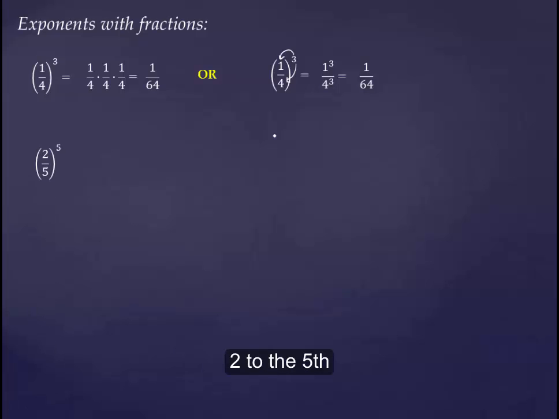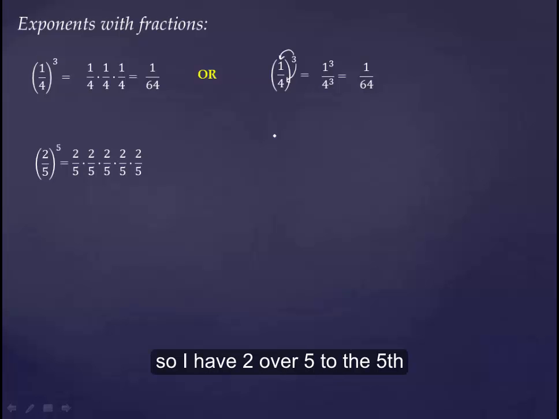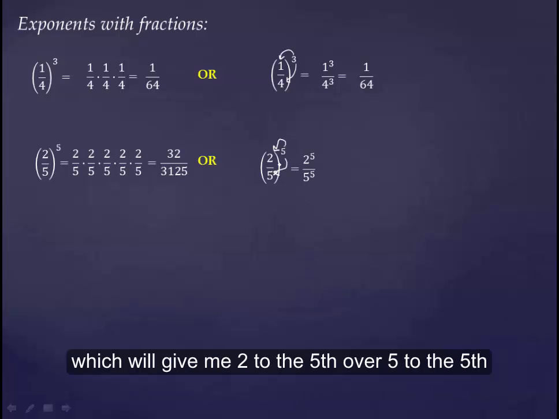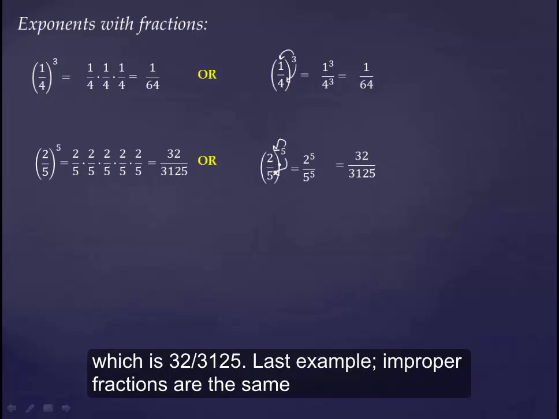2/5 to the 5th, that's 2/5 times itself 5 times, which should give me 32 over 3125. Or again, I can distribute this exponent to both the 2 and the 5, which will give me 2 to the 5th over 5 to the 5th, which is 32 over 3125.